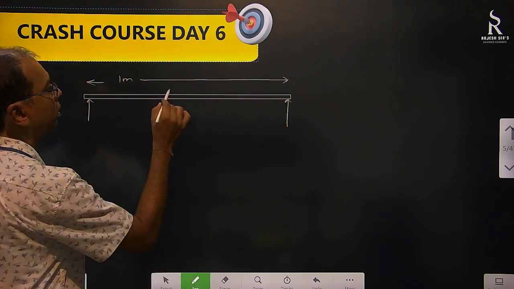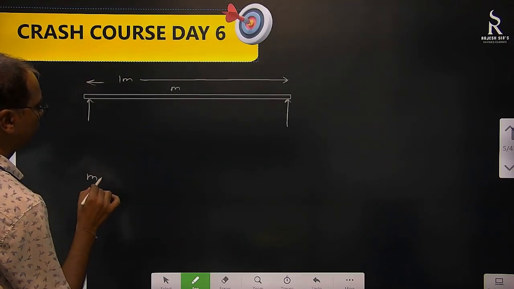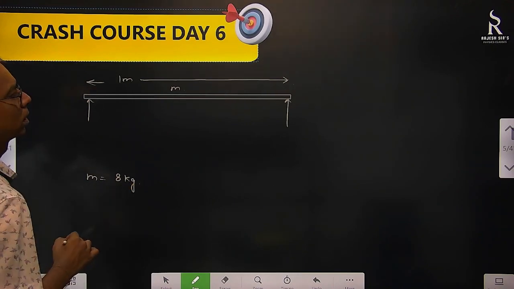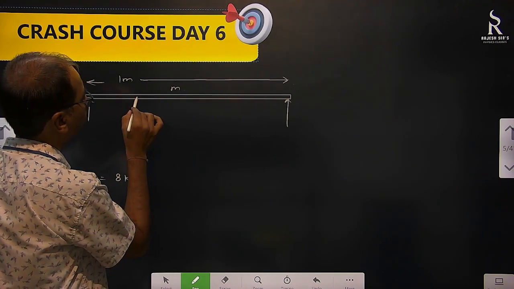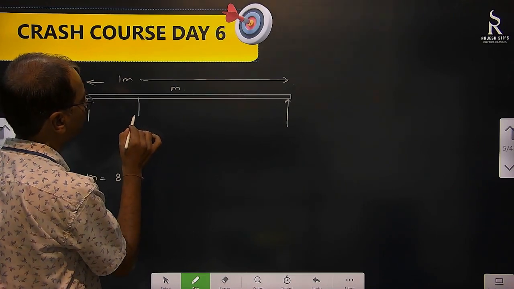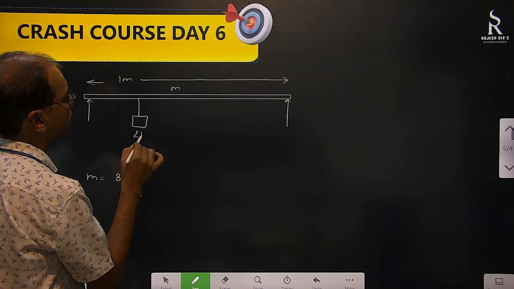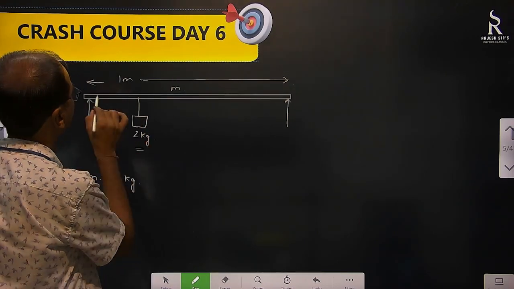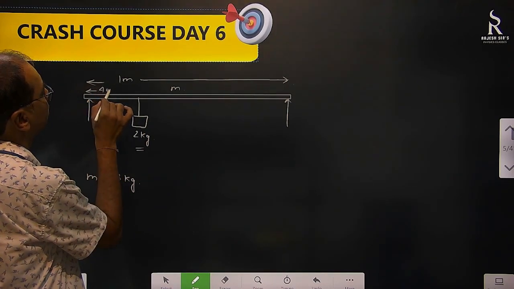Mass of this rod, M, let's assume it is 8 kg. And we have one more load over here. You suspended a small load of 2 kg, from here, let's say 40 centimeters.